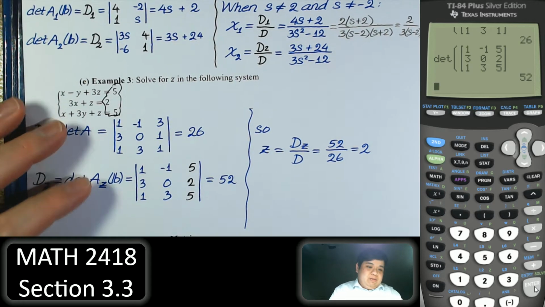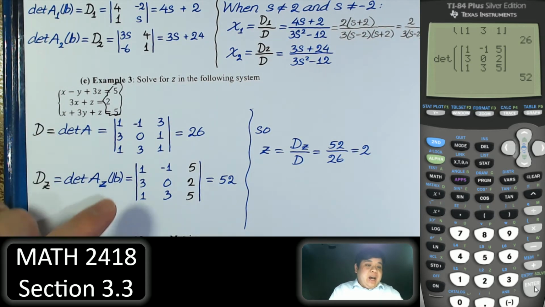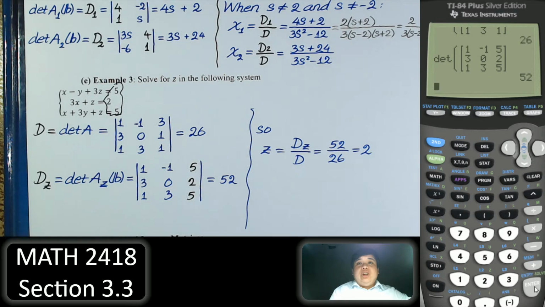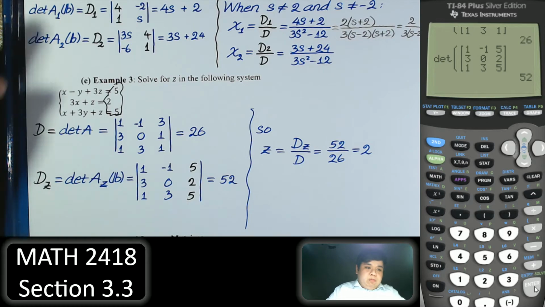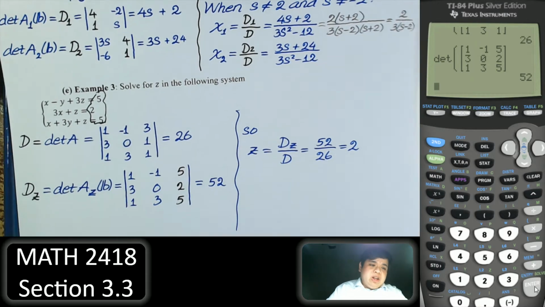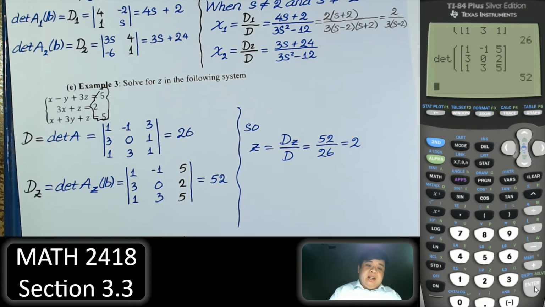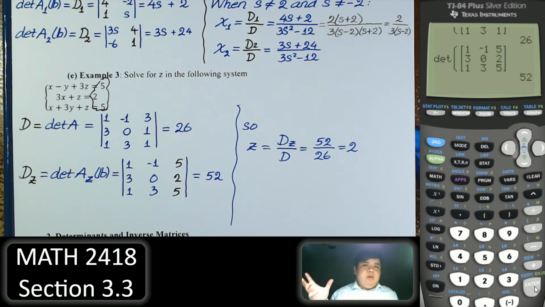It's kind of nice, but doing that is still not efficient as the way we used to reduce to echelon form to solve the system of equations. By the way, when you get to differential equations, this will come in handy. Right, so that's the first part of this section, Cramer's rule.